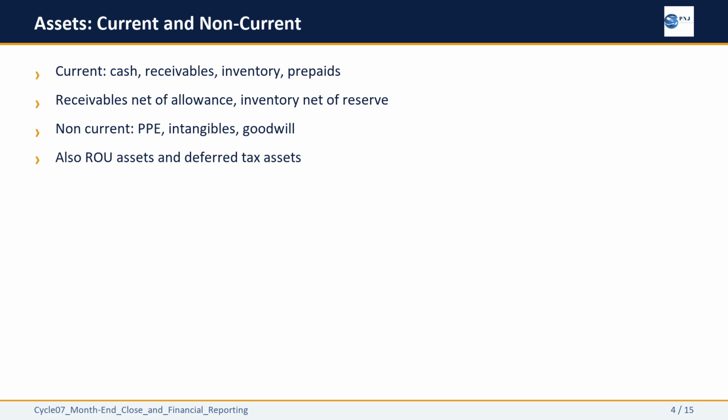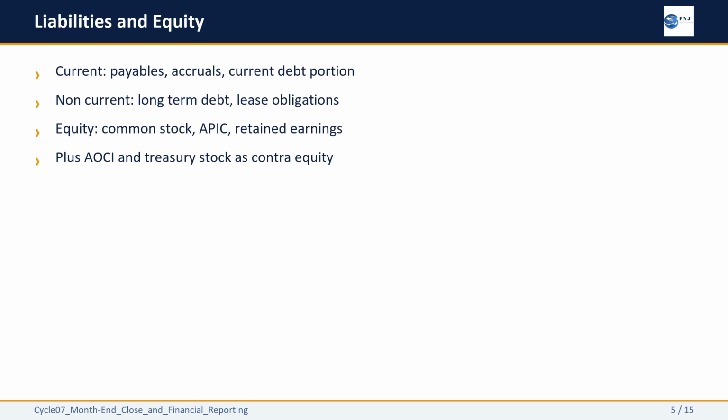Now turn to the other side of the ledger. On the right side, current liabilities cover accounts payable, accrued liabilities, the current portion of deferred revenue and long-term debt, current operating lease liabilities, and income taxes payable. Non-current liabilities hold long-term debt net of issuance costs, lease and pension obligations, and deferred tax liabilities.